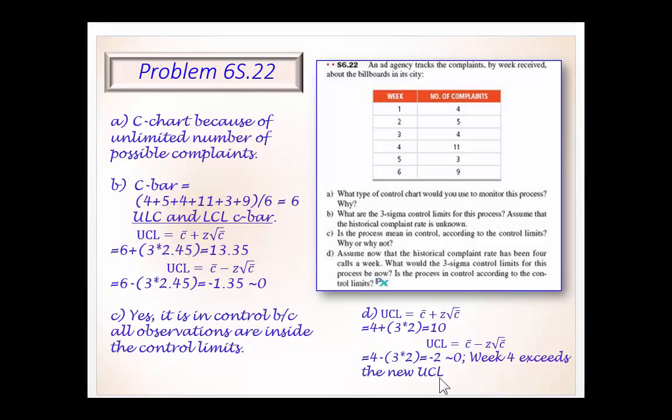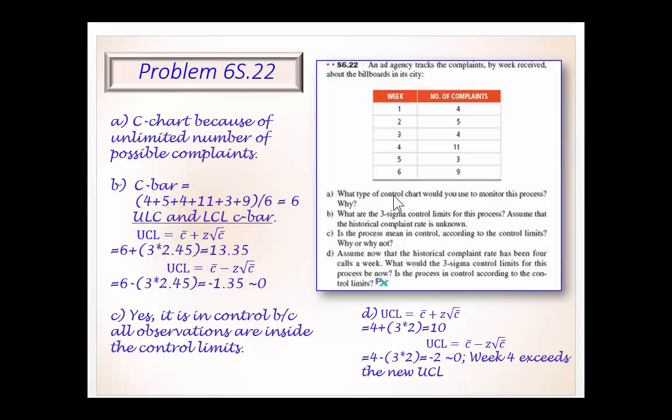So much like I summarized the P chart, this summarizes the C chart. Basically, we use the C chart when we have an unlimited number of possible complaints, which is what I have here, an unlimited number of possible events, whatever they are. We calculate the standard deviation by taking the square root of the mean because of the type of distribution.